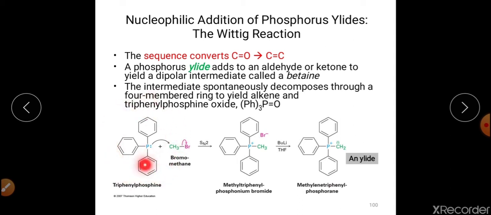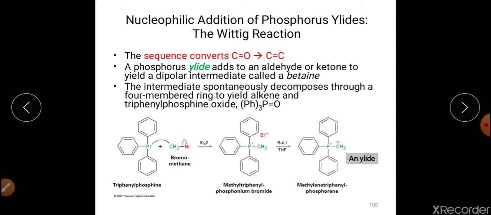When triphenyl phosphine reacts with an alkyl halide, in this case methyl bromide, the reaction is an SN2 reaction, that is nucleophilic substitution bimolecular, in which the lone pair of electrons on the phosphorus attacks from the back side of the carbon with elimination of Br negative.